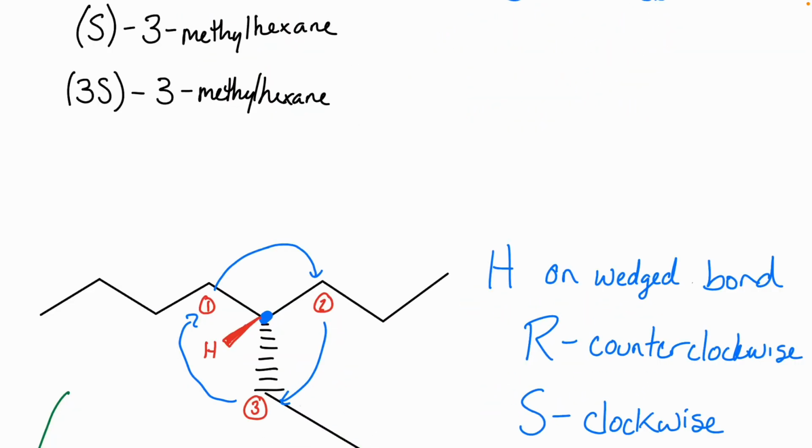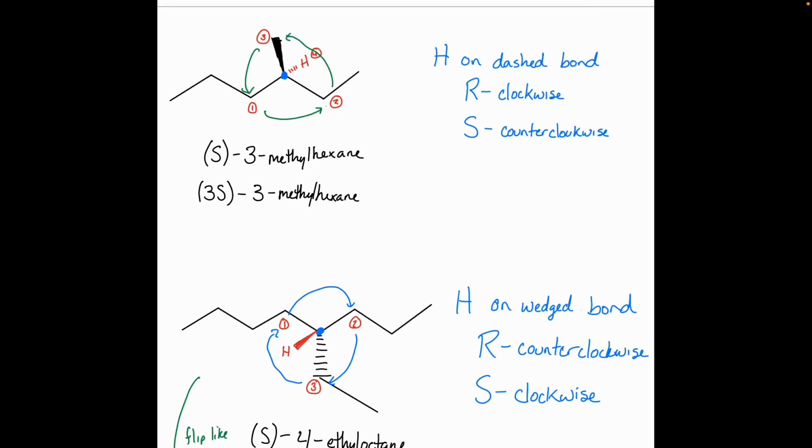All right, so we're sort of graduating to not just looking at that tetrahedral conformation, but now looking at these molecules in their normal bond line structures. And we are going to say that if H, that lowest priority group, is on a dashed bond, then your life is easy. You don't have to do any sort of rule changes, everything that we've learned up until this point applies.